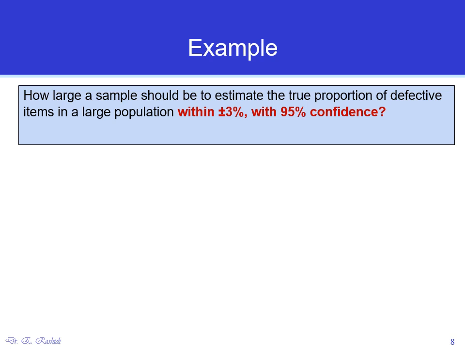So let's use the formula. Assume that a pilot sample has yielded a proportion equal to 12%. So we have taken a random sample and computed the estimation of proportion p hat equal to 12%. This is our estimation that we can use in the formula.